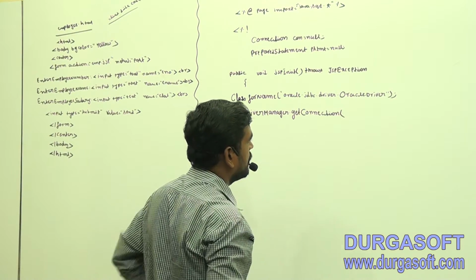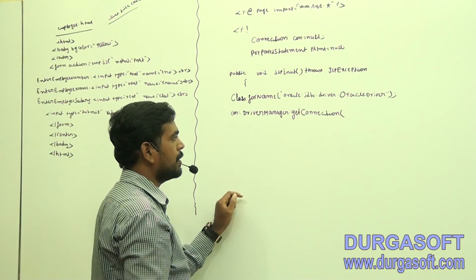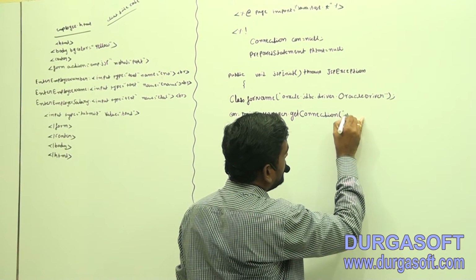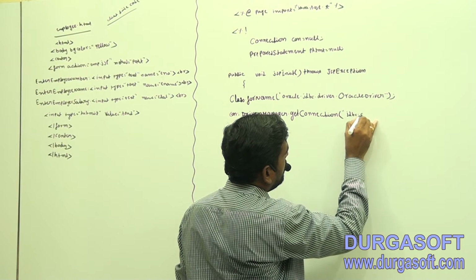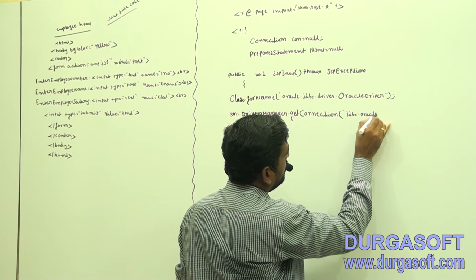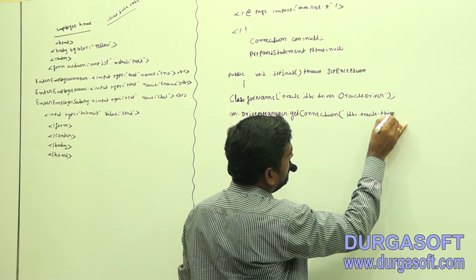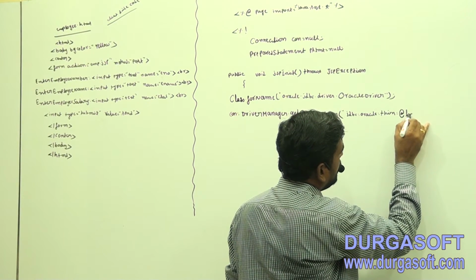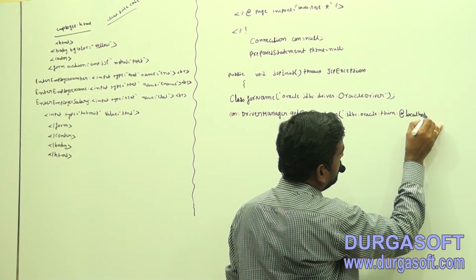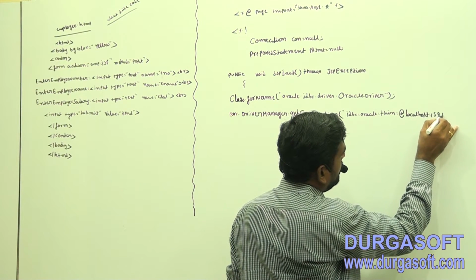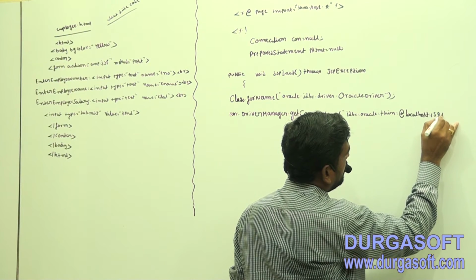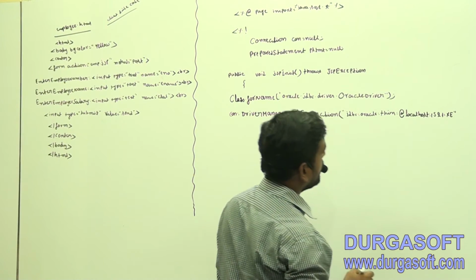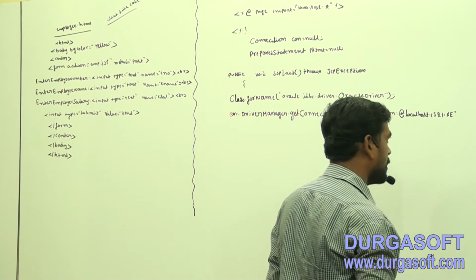Under that we can pass the URL: jdbc:oracle:thin:@localhost:1521, then service ID XE. Then next after that, username and password.